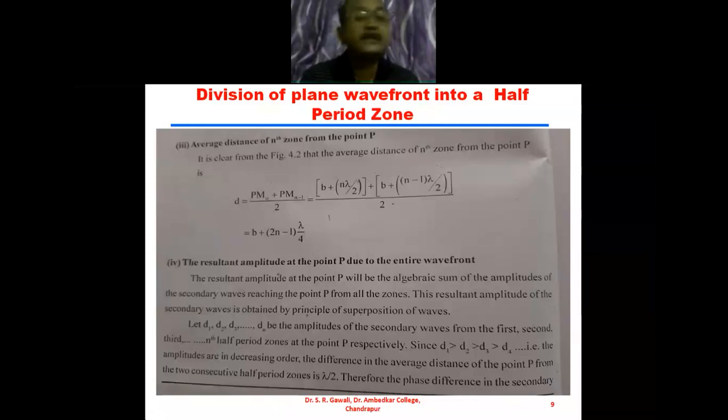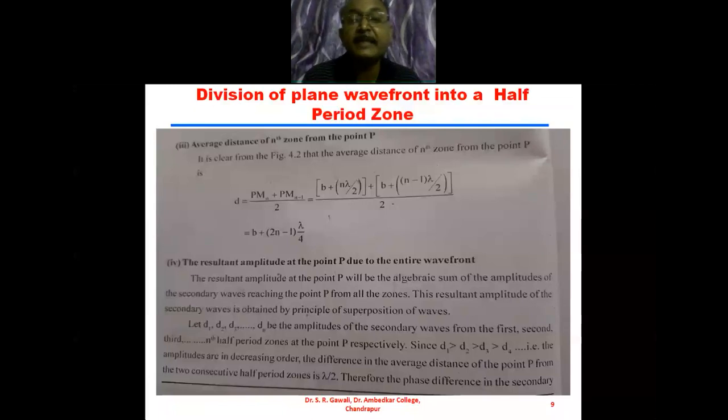D1 is the amplitude of the secondary waves from the first half period zone, D2 be the amplitude of the secondary waves from the second half period zone and so on. So D1 is greater than D2 is greater than D3 and so on.